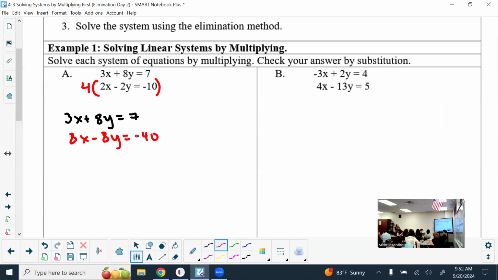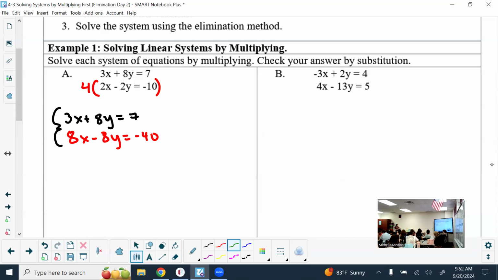Okay, great. Any questions on that? All right, it creates our new system of equations. You'll see sometimes it's difficult to show that it's a system. But yeah, this now has a common coefficient. Now I can move on with the rest of the steps.